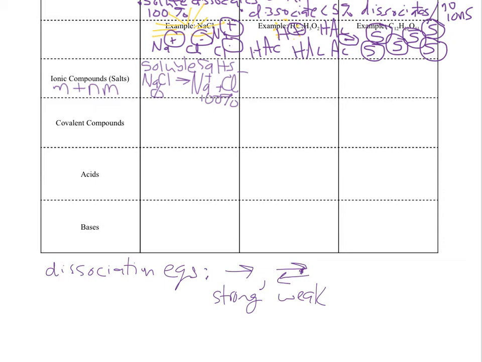something that is slightly soluble, a slightly soluble salt. We didn't have too many of those in our conductivity table, but an example is copper 1 bromide, I guess.